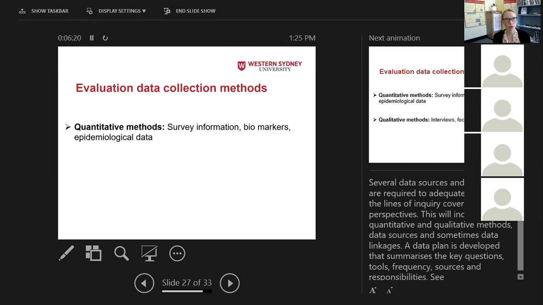The thing to remember with a lot of this evaluation is that you're often not just evaluating the actual intended participants, but you also might be surveying the actual processes and systems in place. So you might be surveying the staff or the community, local council members that were involved in implementing the project, and those different stakeholders in the system.